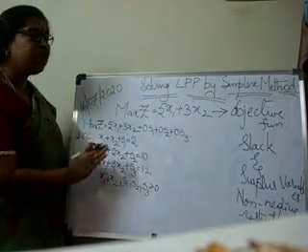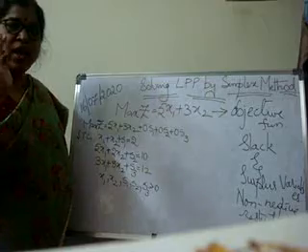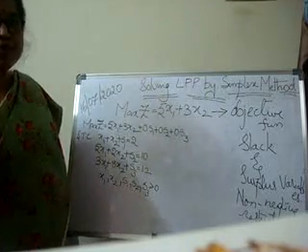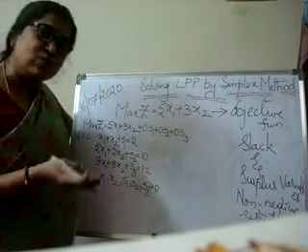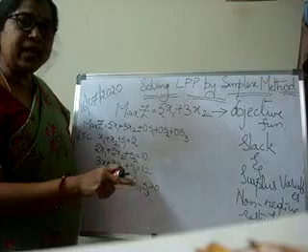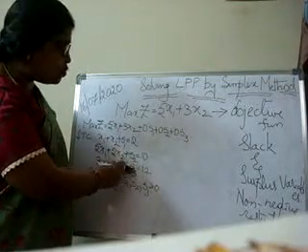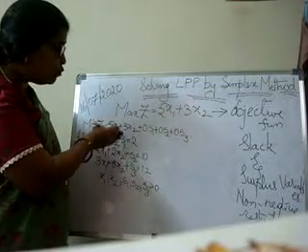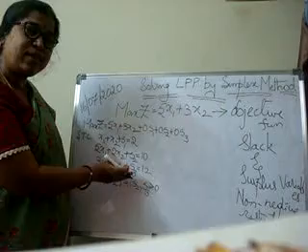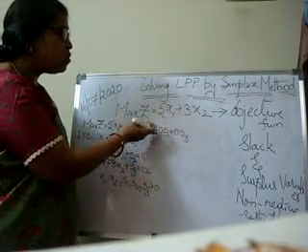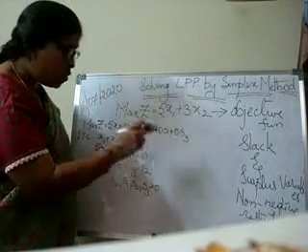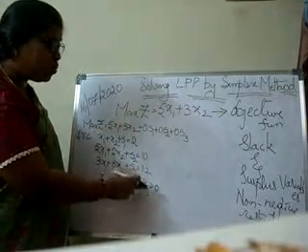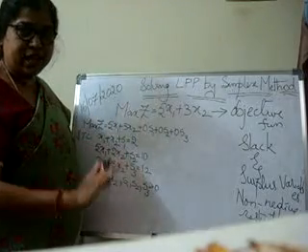Now we have converted a given LPP problem, which is in the canonical form, into standard form by introducing S1, S2, S3, and to these S1, S2, S3 we have attached the cost of 0, and also we said S1, S2, S3 are non-negative.